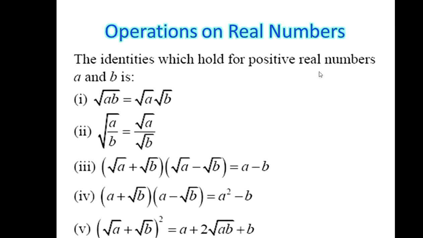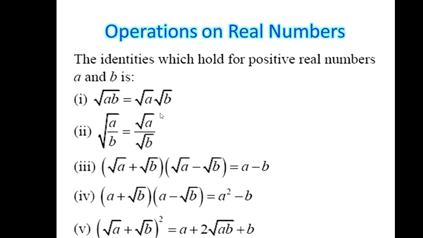So for operations on real numbers, the identities which hold for positive real numbers a and b is square root of ab. Okay, so we are considering a and b as real numbers, and in this case square root of a into b, wherever it comes, will be equal to square root of a into square root of b.